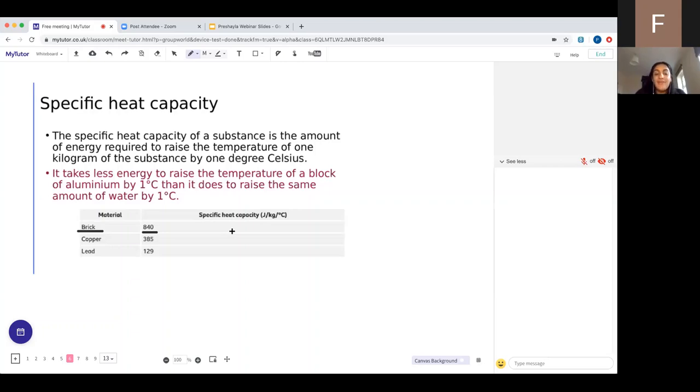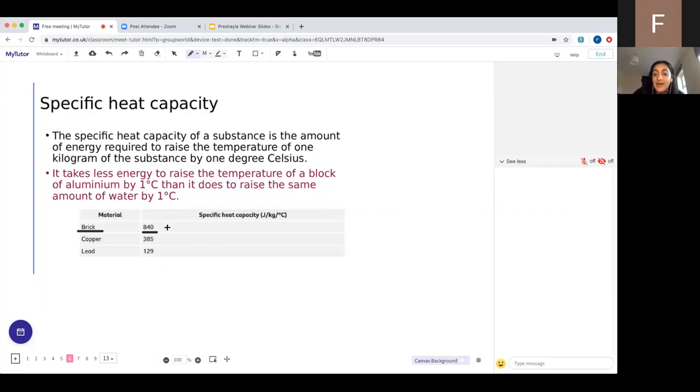So if it is easier to raise the temperature of a block of aluminium, it has a lower specific heat capacity. If it's harder to raise the temperature, it has a higher specific heat capacity, which we can see here.